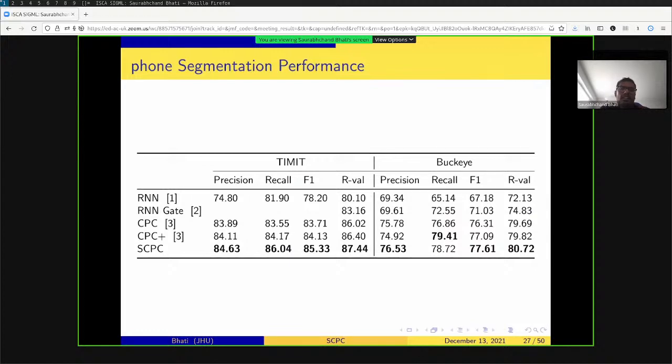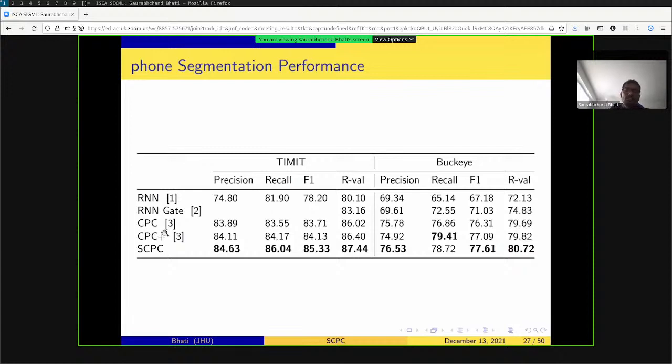But it does show that adding word information or a higher level segmental task does help learn even better frame level similarities. And one more line: the CPC plus model is trained with extra data from Libri-Light. So SCPC is not only outperforming CPC trained on the same data, but it's also outperforming CPC trained on a lot of data, 500 extra hours from Libri-Light.